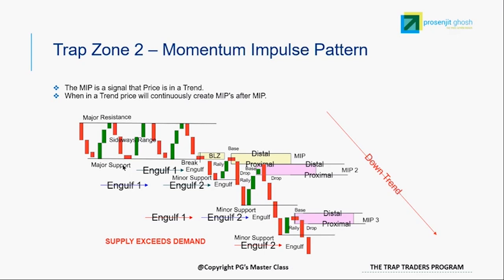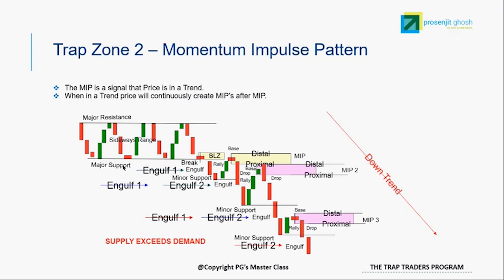Okay, so this is a MIP structure in the chart, and the MIP structure shows that the trend is down if it is a supply MIP, and expect more supply MIPs to get formed in the chart, and once a supply MIP gets engulfed, price changes its trend.